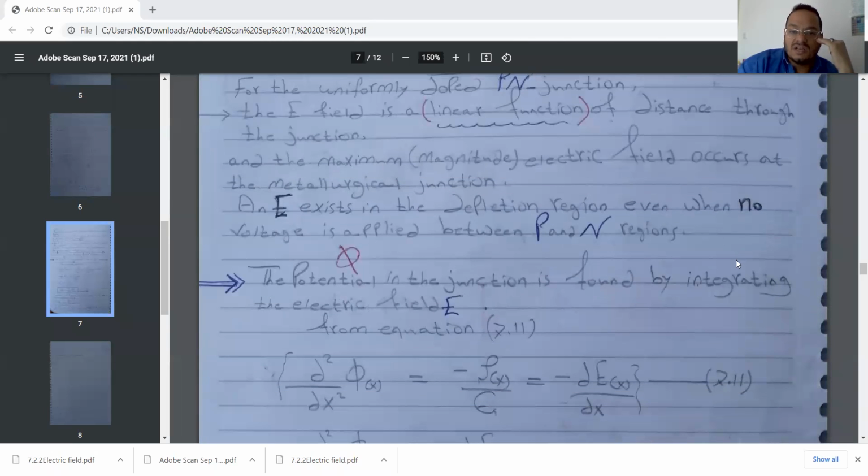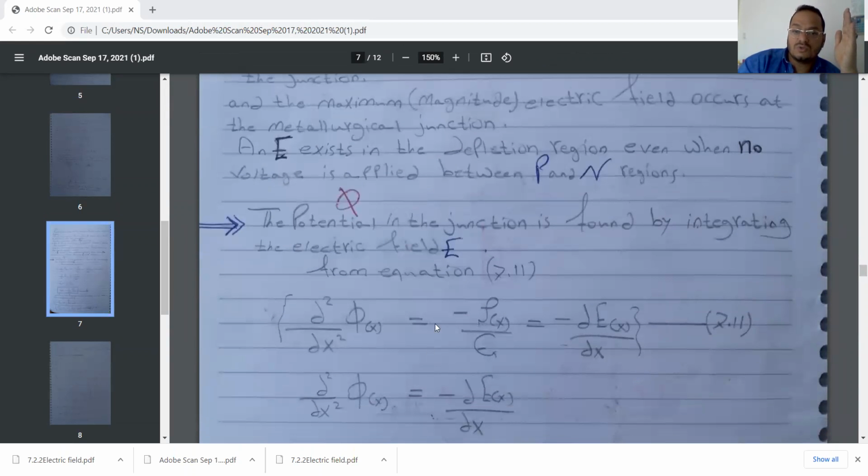Here, the potential in the junction is found by integrating the electric field. Now we know all the results for the electric field at the P region and N region. And like I said before, we're dealing with the most important equation, 7.11, but with these two elements, to determine the result of the electric field inside the depletion region.